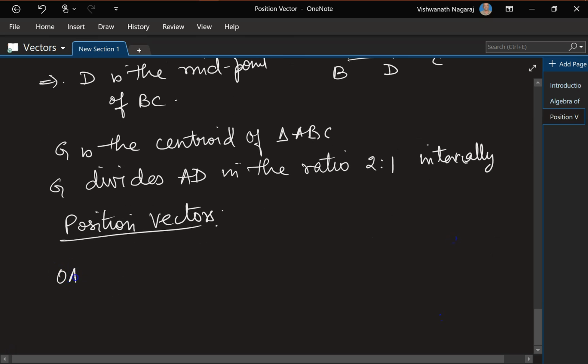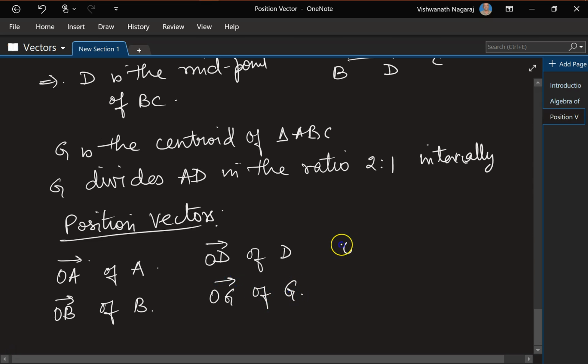So, OA is the position vector of A, OB is of B, OD is that of D, OG is that of G, and similarly OC of C.